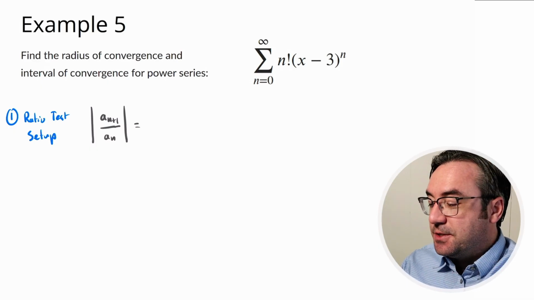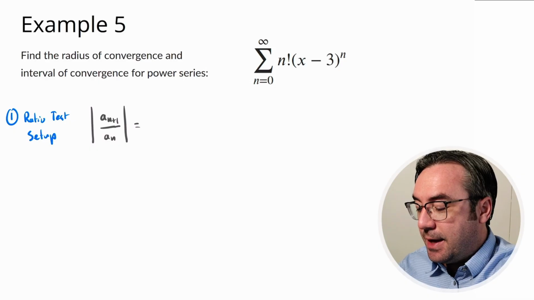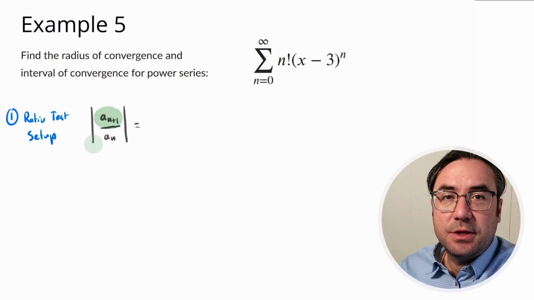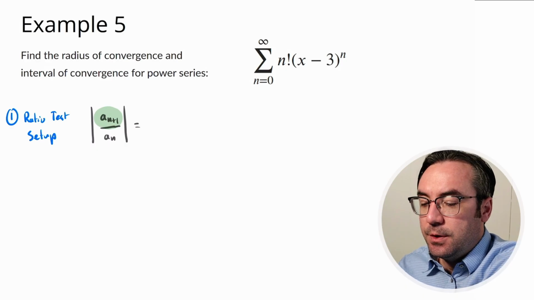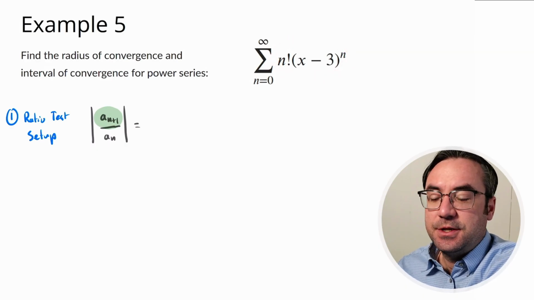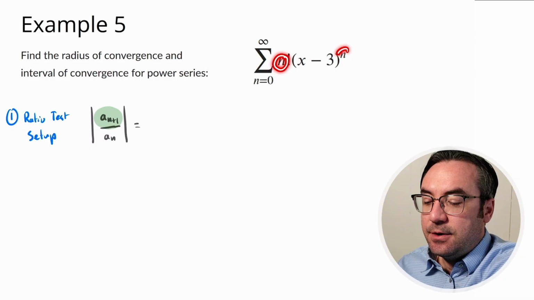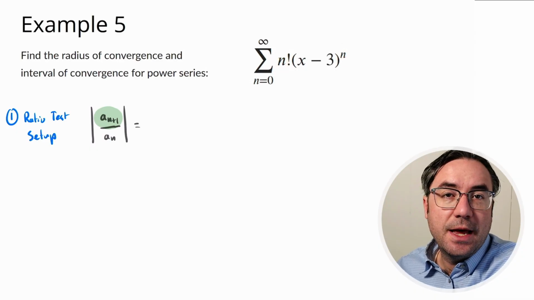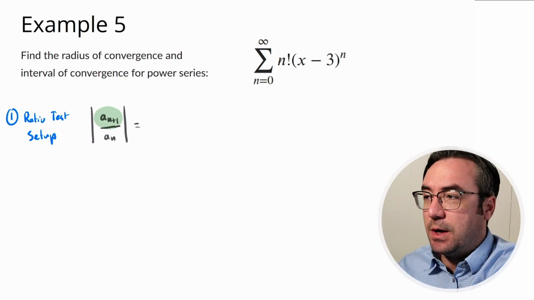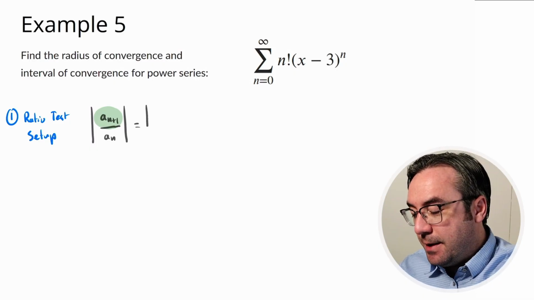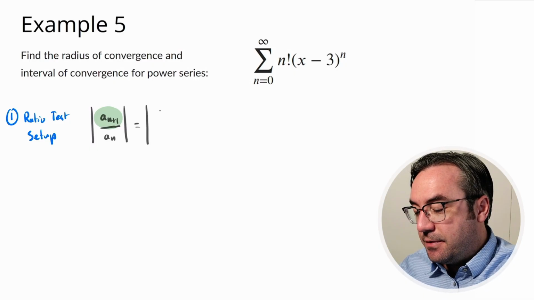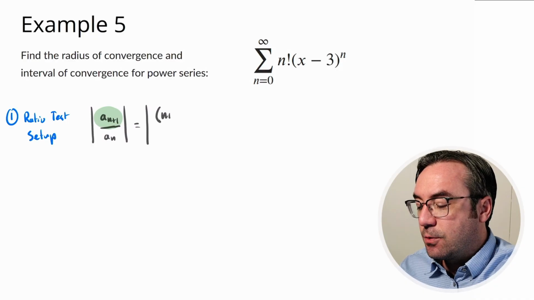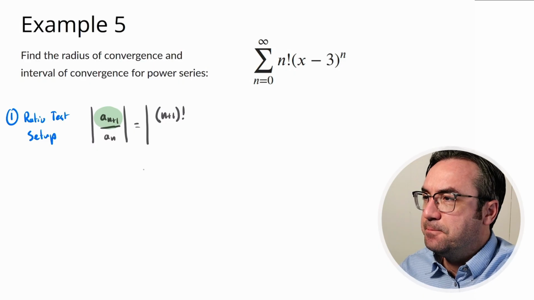All right, so let's start by looking at a_(n+1). So we go to our terms in our series, and wherever we see an n, we're going to change that to (n+1). So if we do that, the n factorial will become (n+1) factorial.